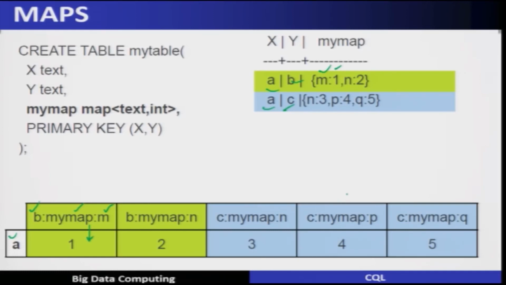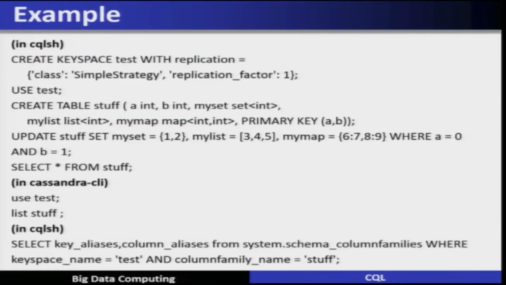Therefore, in the second row A and C will be the primary key, and their key value pair from my map, for N the value will be 3, and for P the value will be 4 and it will be 5. In this way this particular map of Cassandra CQL will be stored internally.